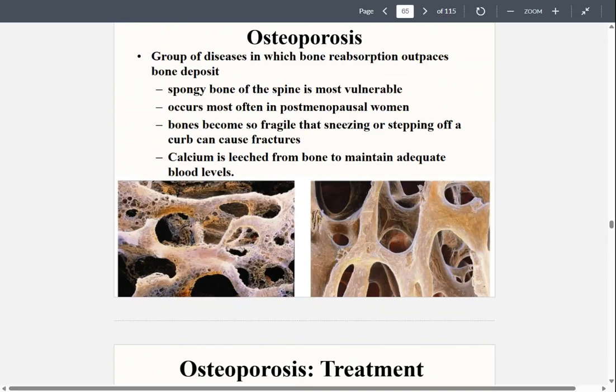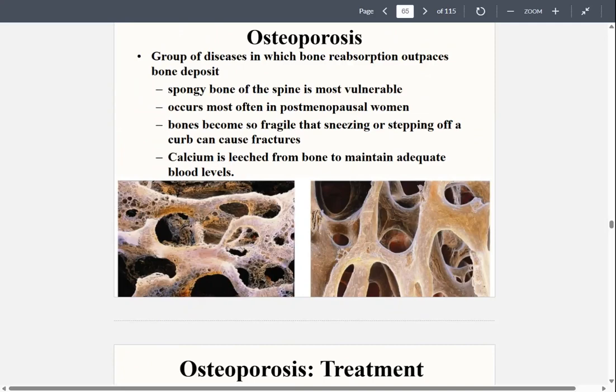In women who don't know that they have osteoporosis, or in women who do, how does this typically present? They may not feel any different. They might not feel fragile. They might not feel weak. They might be like, okay, I have this diagnosis, big whoop. And then they go and they sneeze, or they step off a curb or a stair.